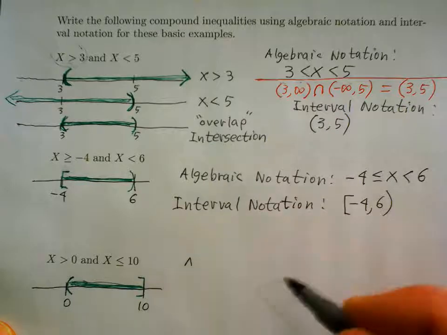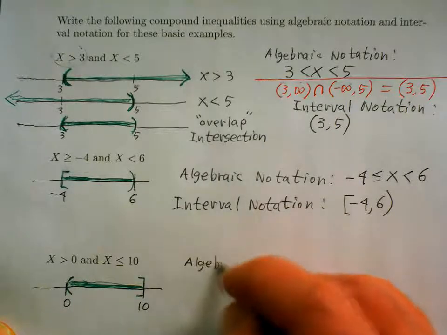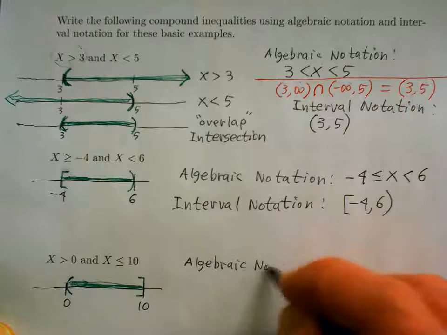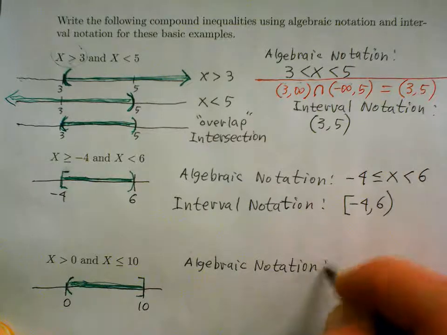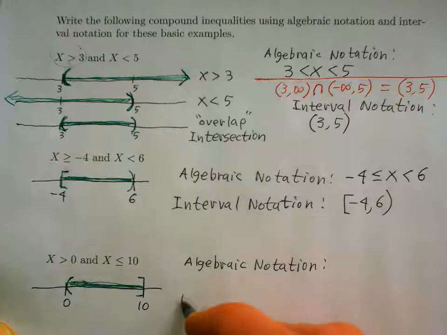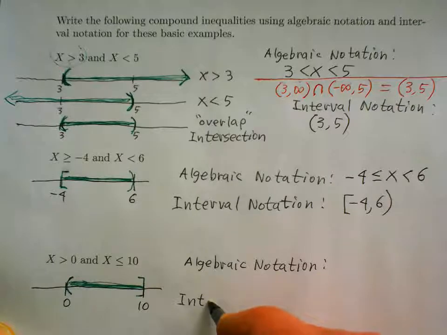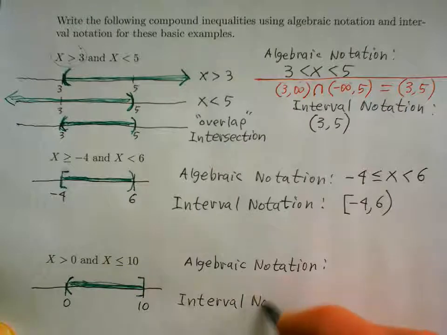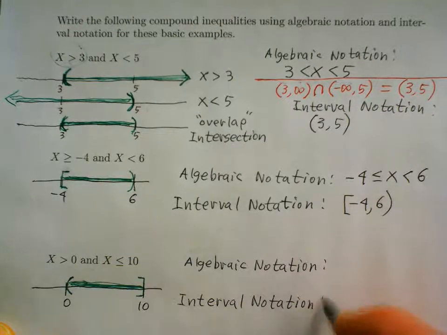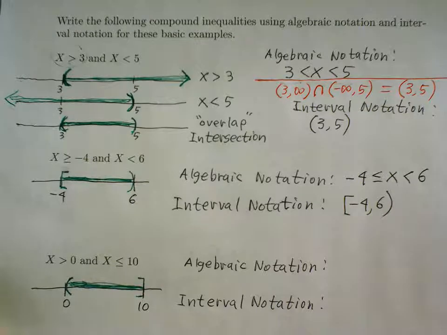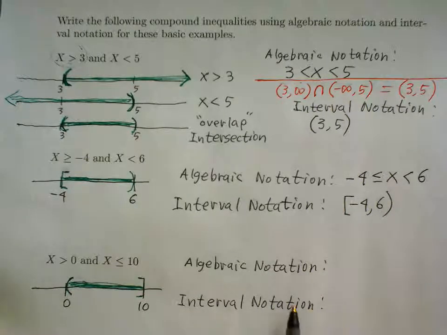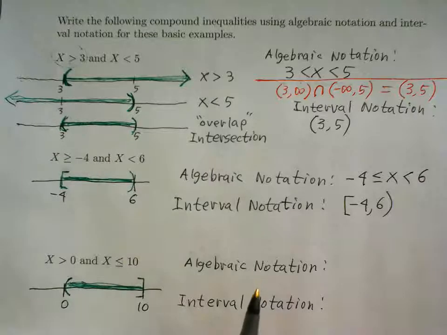Okay, type in the algebraic notation for this. And then you can type in the interval notation. Well, the keyboard doesn't have a less than or equal to symbol on it.